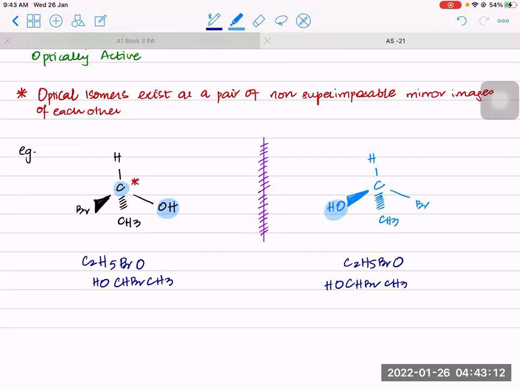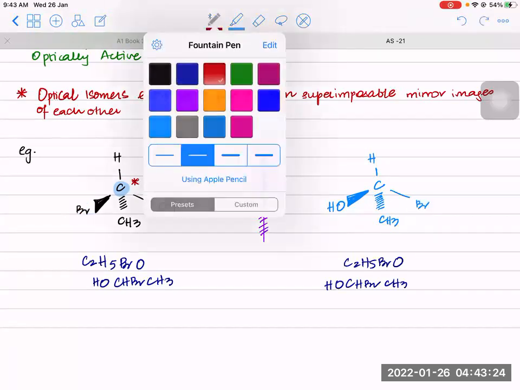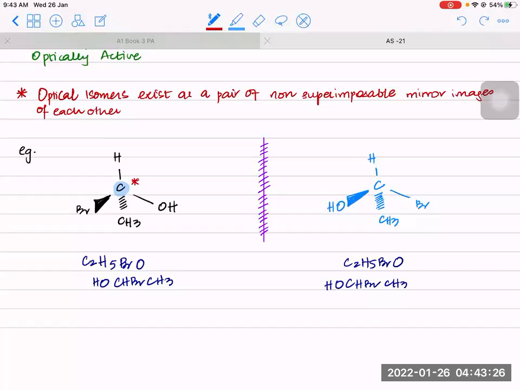Here, the OH is to the left. Here, the Br is to the left. Here, the Br is to the right. Is this clear? Now, one of them is called a D isomer or a positive isomer, and the other one is called an L isomer or a negative isomer.